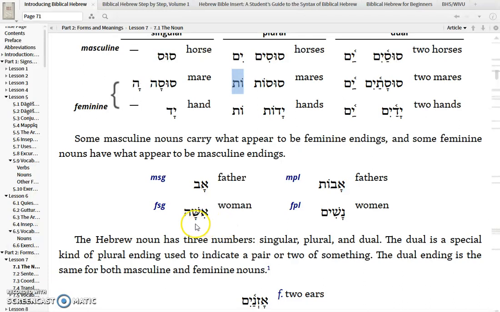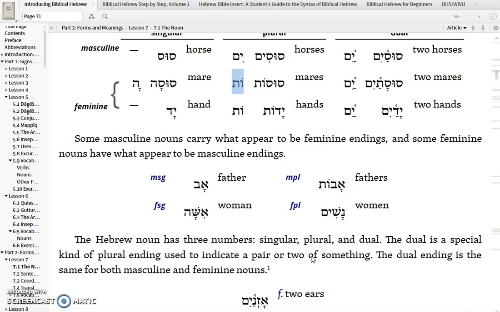Same thing with the word for woman. The singular for woman is isha, has a kamatz he, which is one of the markers of a feminine noun. But in the plural, it becomes nashim, with a hirik yod mem, masculine-looking ending. And obviously women are feminine, and yet the plural form of woman has a masculine-looking ending.